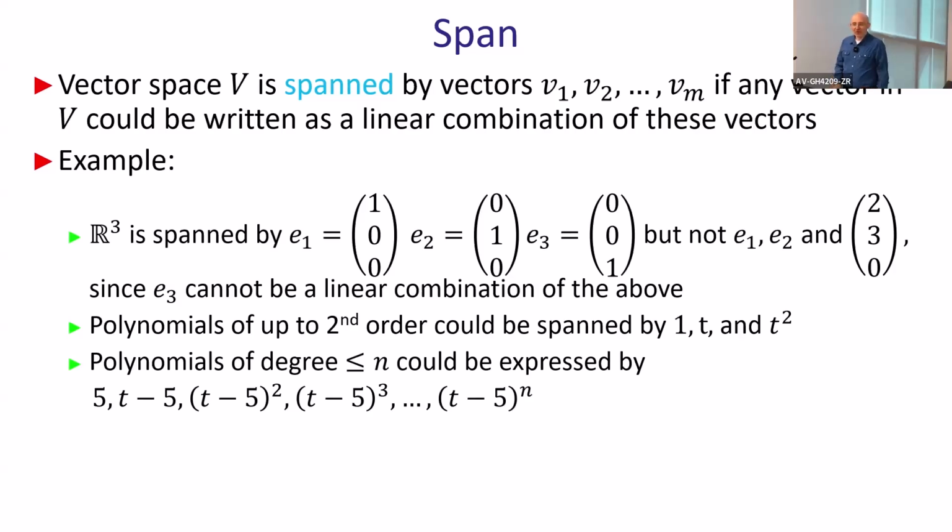So you can write any polynomial of order up to n using a combination of these things. All right, and you can show that. It's not that trivial to show, but you have all kinds of vectors using which you can represent your polynomials, and representing them in a particular basis using particular polynomials of that kind.